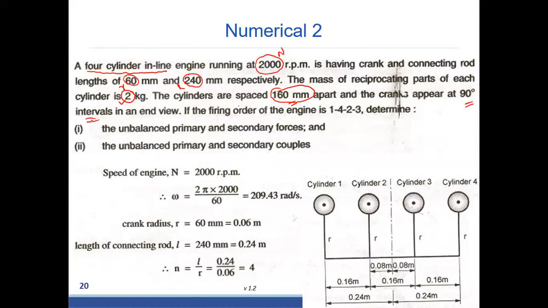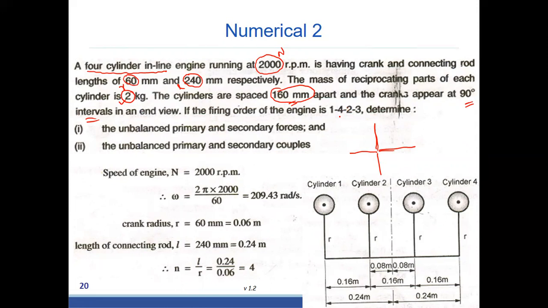The cranks are at 90-degree angle intervals. So between each crank, for example, if the first crank is 0 degree, the second is 90, third is 180, fourth is 270. That way it is connected. But the firing order of the engine is 1, 4, 2, 3. You know what is firing order?